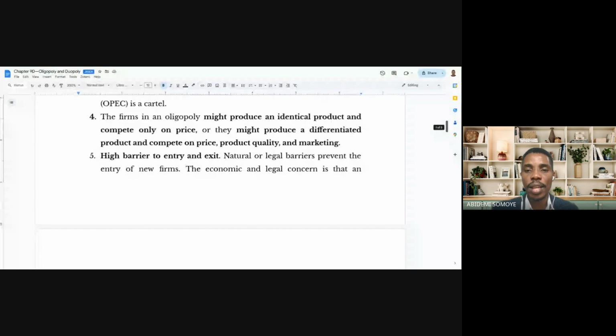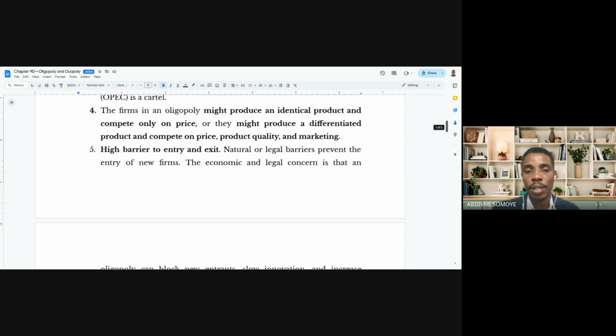Natural or legal barriers prevent the entry of new firms. Just like when we talked about monopoly, the types of barriers to entry are legal, ownership, and natural. In oligopoly, there are also barriers to entry, and ownership could also prevent other firms from coming into the industry.